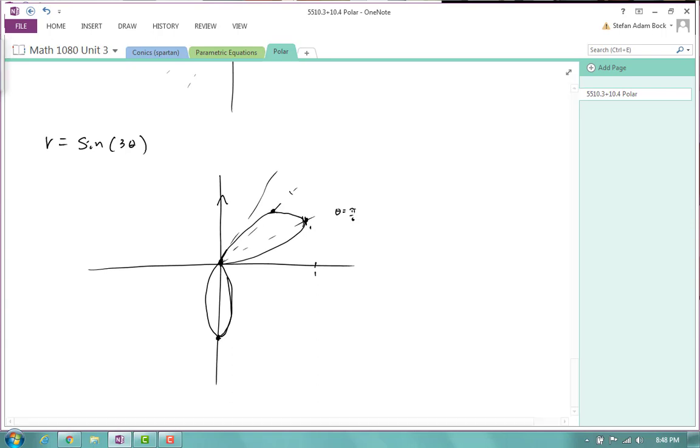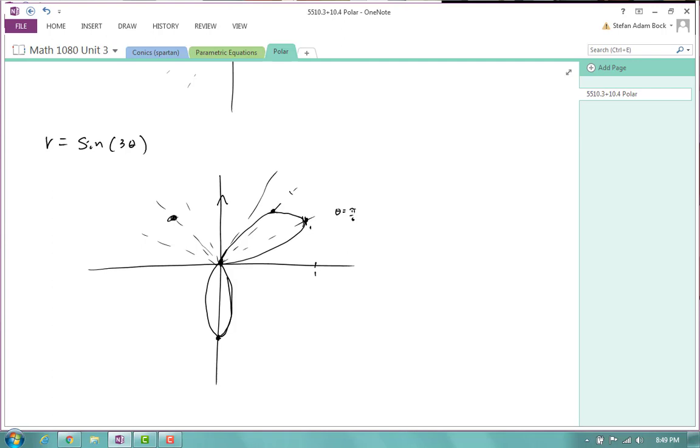Now, after pi over 3 is 3 pi over 4. Sine of 3 times 3 pi over 4 is sine of 9 pi over 4, which is more than 2 pi. That's past full circle, so this is equal to sine of regular pi over 4. And sine of regular pi over 4 is square root of 2 over 2. Which was here-ish. And then if I plug in 5 pi over 6, sine of 3 times 5 pi over 6 is sine of 15 pi over 6.